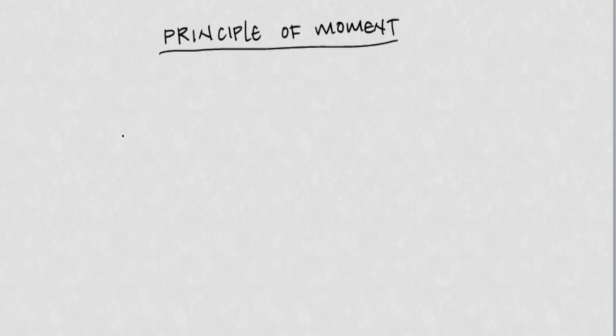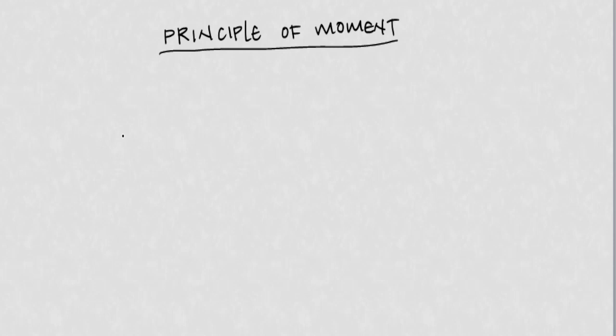So it's a law which states that for a body to be in equilibrium, the sum of the clockwise moments about any point is equal to the sum of the anti-clockwise moments about the same point. Right?